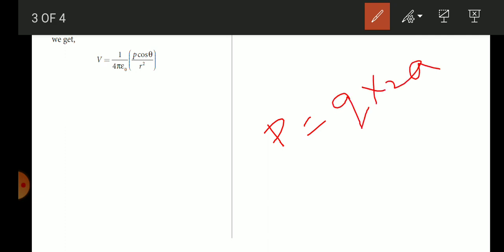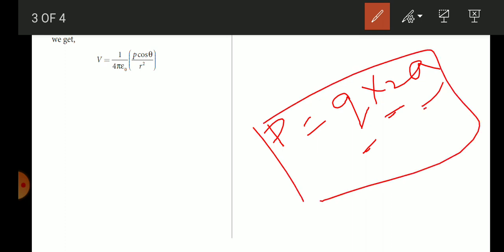There are some special cases, and also we can further simplify the previous term. There is a formula called P, that is called dipole moment, which is equal to q into 2a. What is electric dipole moment? Define electric dipole moment. Electric dipole moment is defined as the product of the magnitude of the charge and the distance between them.